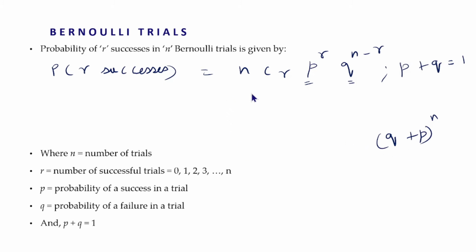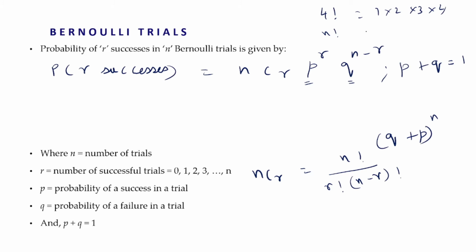And nCr, as you must have studied in combinations, is equal to n factorial by r factorial into (n minus r) factorial. For example, 4 factorial is 1 into 2 into 3 into 4. Like that, n factorial is 1 into 2 into 3 up to n.